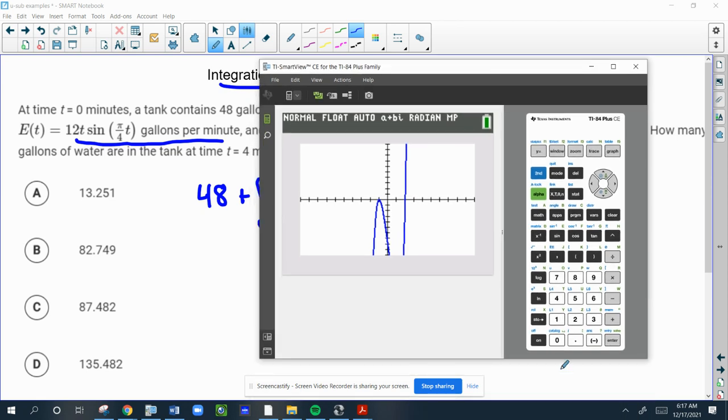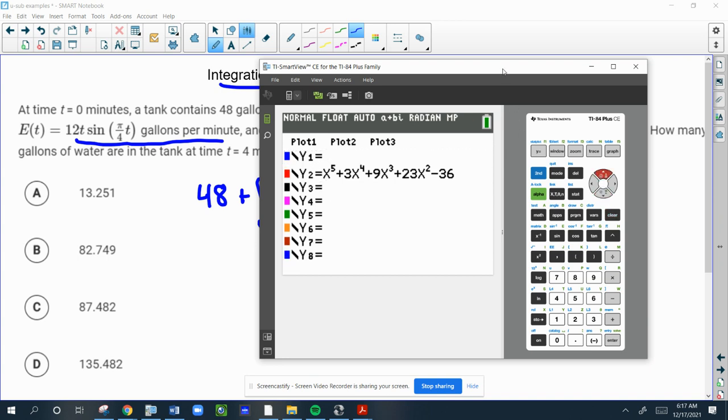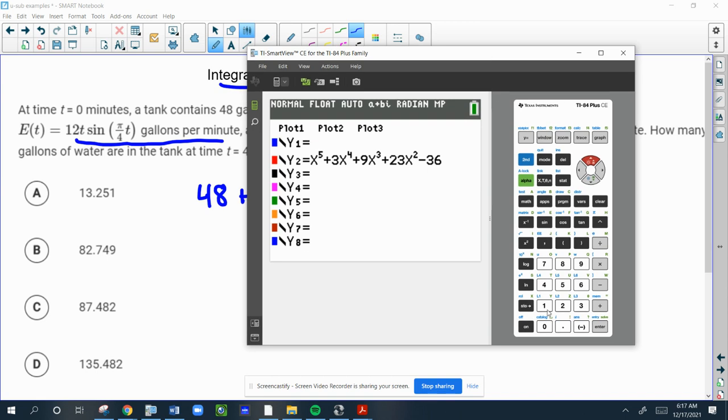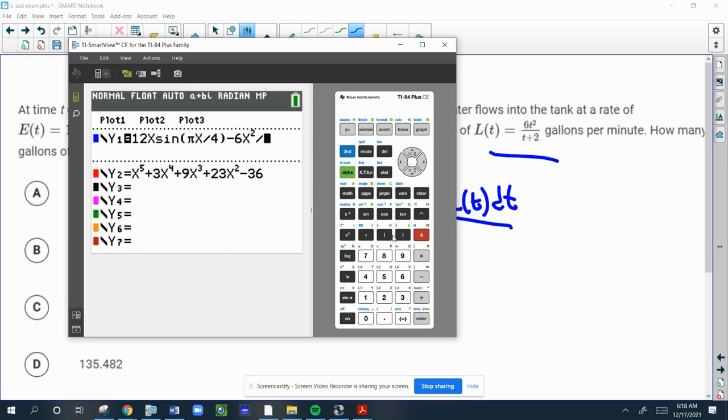So I have E of t is 12 t sine of pi over 4 t, minus 6t squared over the quantity t plus 2.